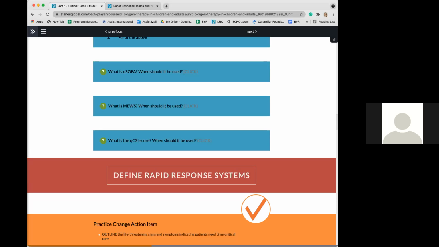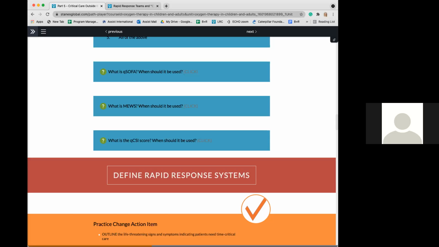The Q-SOFA scoring system is very, very simple because you're talking about basic parameters, the altered mental state, your systolic and the respiratory rate. This one can also be very, very useful, especially in outside ICU settings. So it can still be used. And personally, I found this very, very useful because it works well in a setting that's outside ICU.